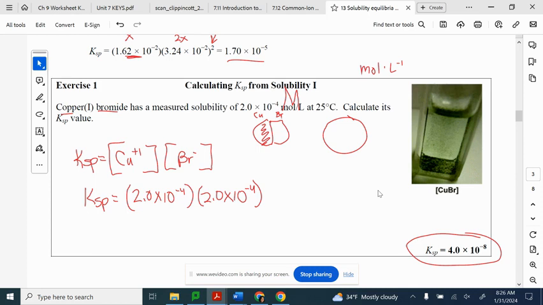So if I have, how many pens here do I have? 2, right? How many pen caps do I have? 2. So the concentration of the pens is the same as the concentration of the pen caps. Okay, and the writing part.